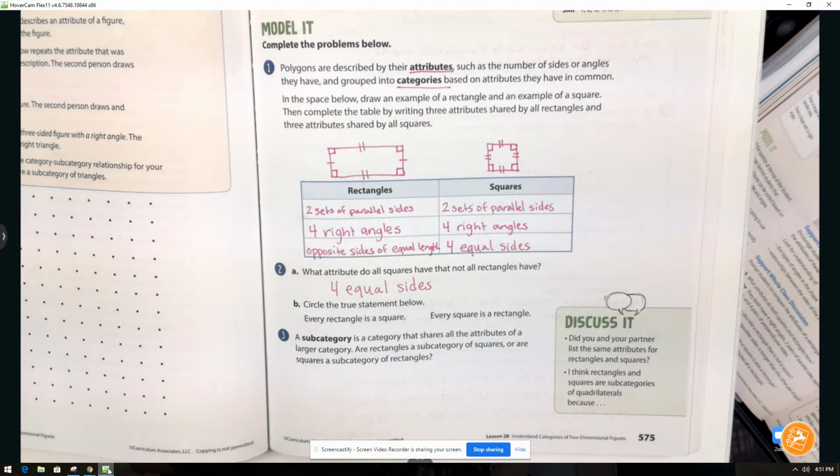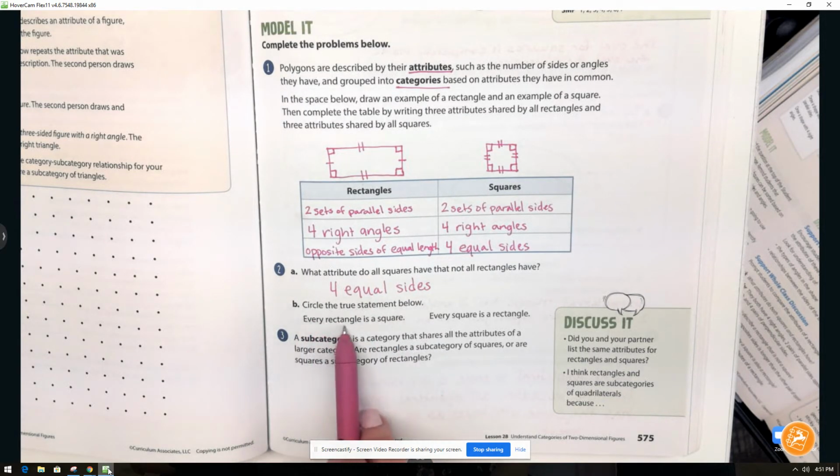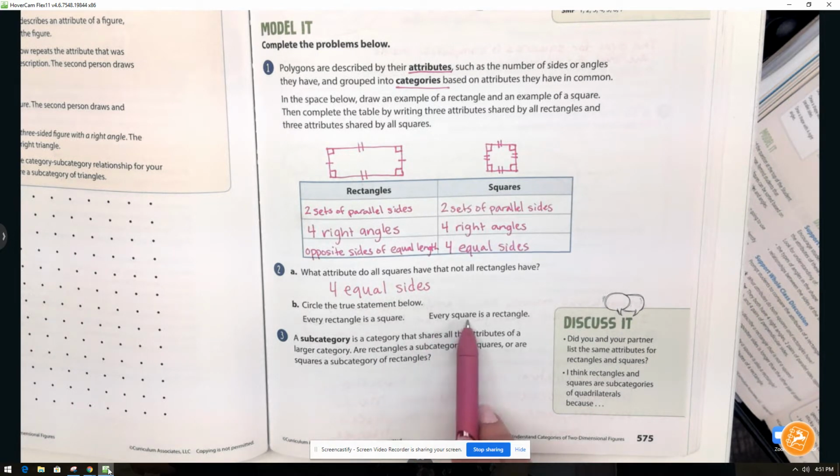So I want you to think about this next, part B, and it says circle the true statement below. Every rectangle is a square, or every square is a rectangle. Think about it for a minute. What do you think it is?